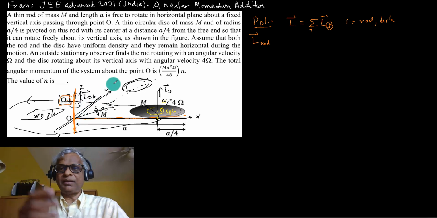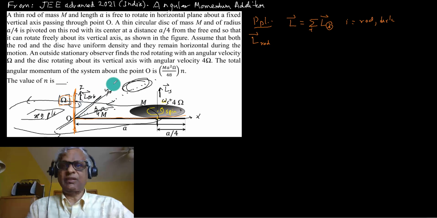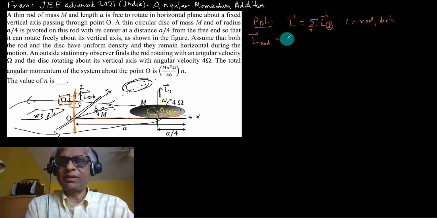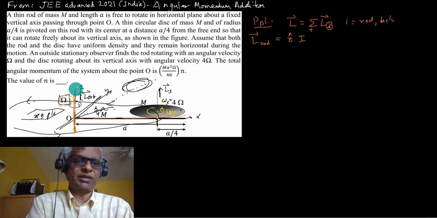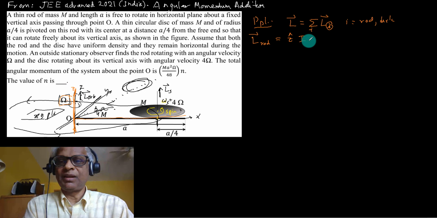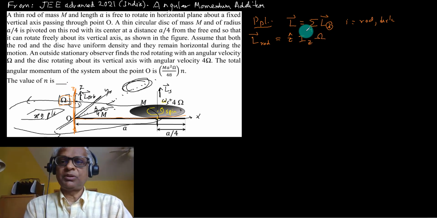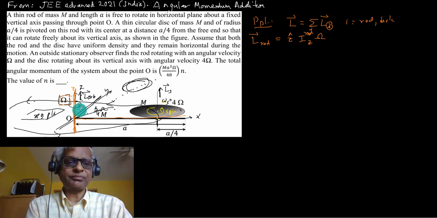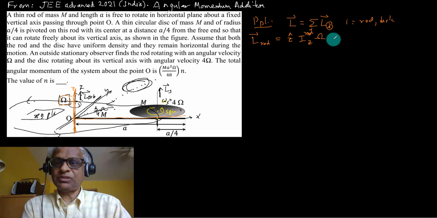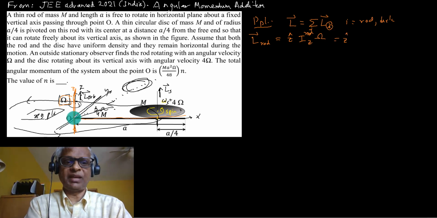Using the right hand rule, it is in the z direction, and the amount will be about the z axis, and it's omega like this. So if you look at just the rod, L is equal to z hat times I omega, and I'm looking from the edge, from the center.